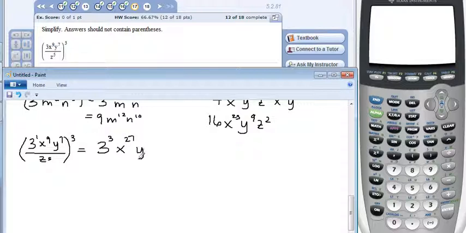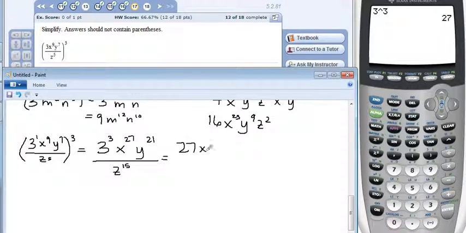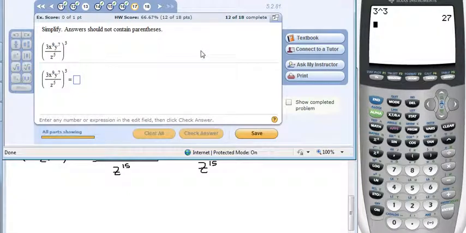Y to the 7 times 3, 21. Z to the 5 times 3, 15. 3 cubed, if you don't know that, it's 3 times 3 times 3. Obviously it's 27, but you can also do this. So we'll say it's 27, x 27, y 21 over z to the 15th. That's as simplified as it gets. These are all different bases. X, y's, and z's cannot be combined in that way. Okay?